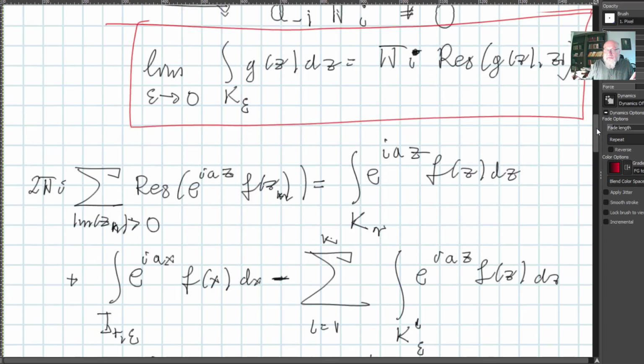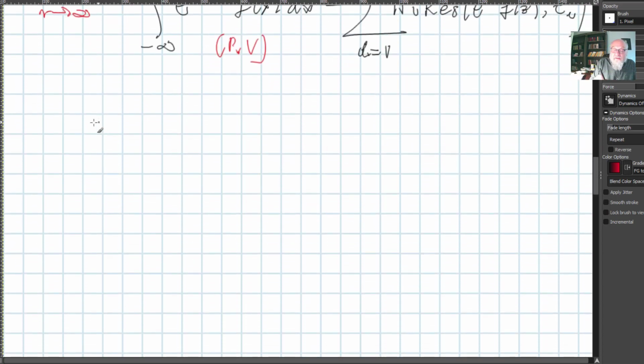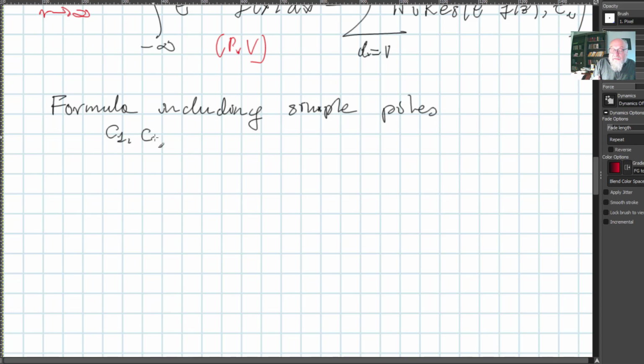So, a new formula, including singularities. So maybe simple poles, and these will be c_1, c_2, c_k on the real axis.